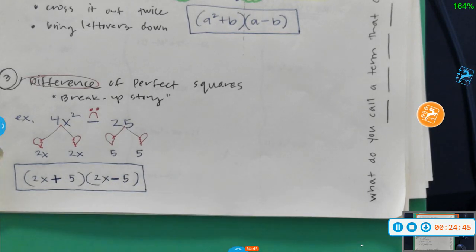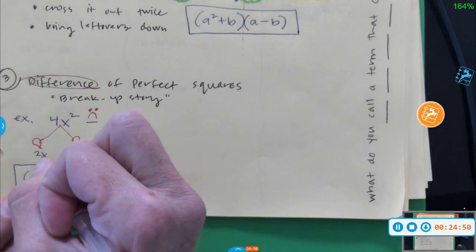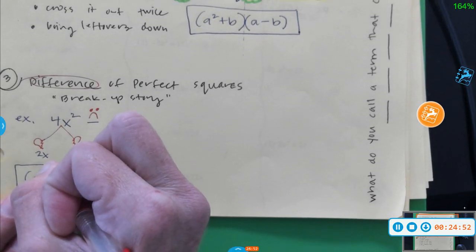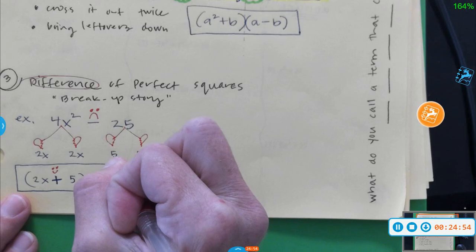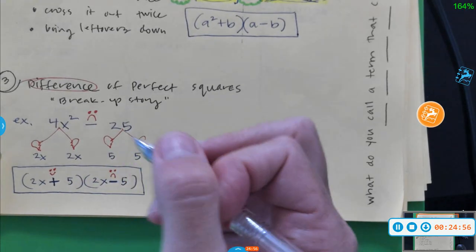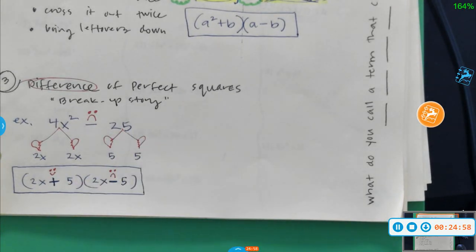Now, let me go back and finish my pictures. So they're going to have a little bit of happiness over that relationship, and they're going to have a little bit of sadness. Why would they have sadness? There's a lot of reasons, but why? Very good. That's exactly right.